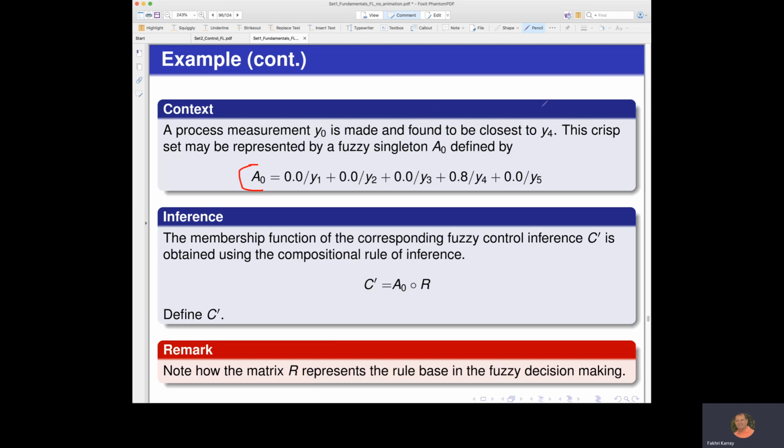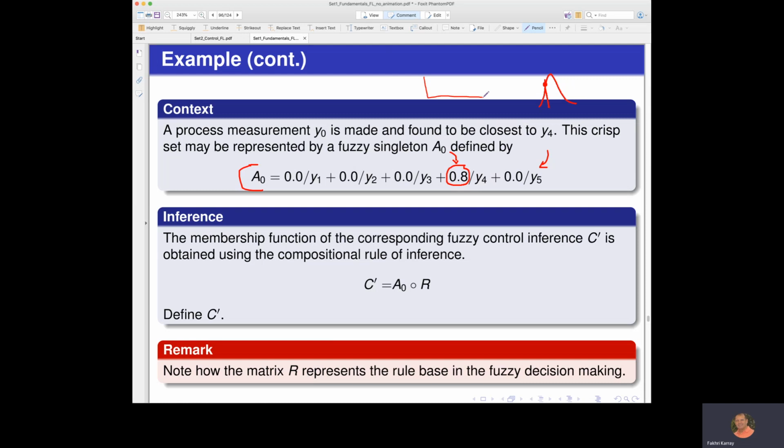If you have the warm representation like this in the continuous case, then at a particular time we have a value located at this particular level of the warmth membership function. So this is the continuous and this is the discrete representation. As you can see here, we are defining the warmth as the 0.8 value at the support of Y4.